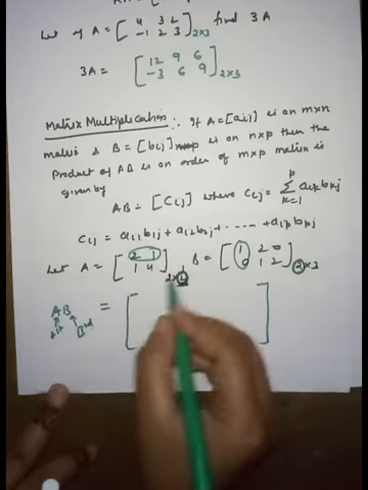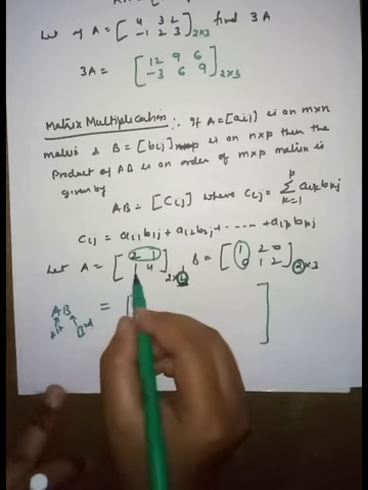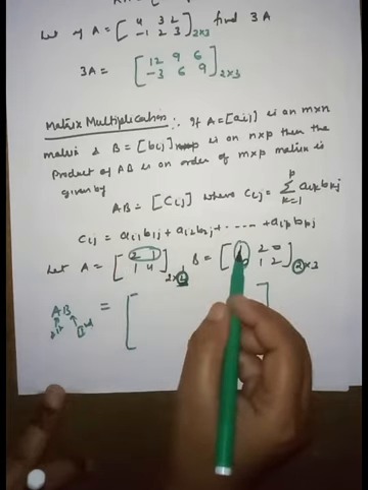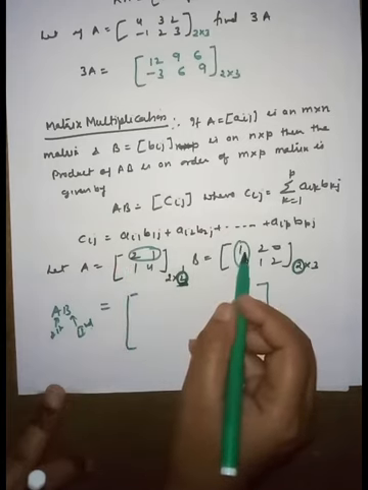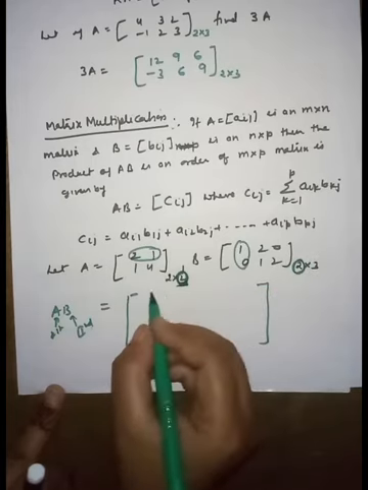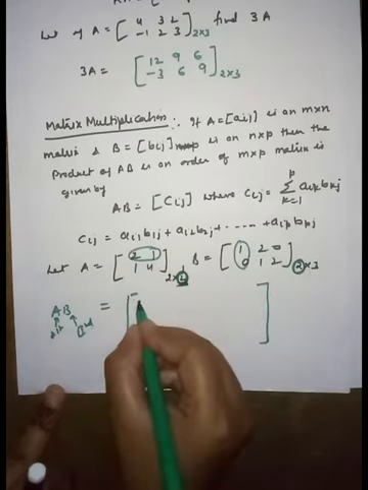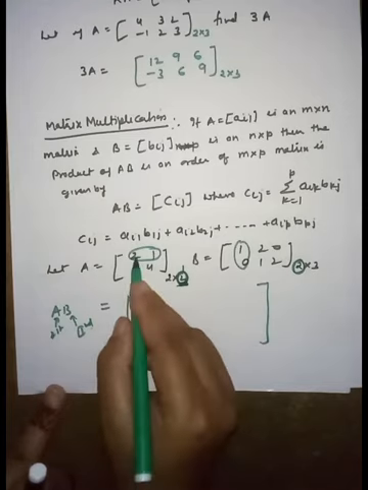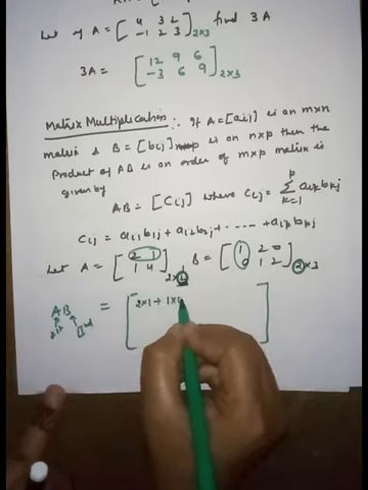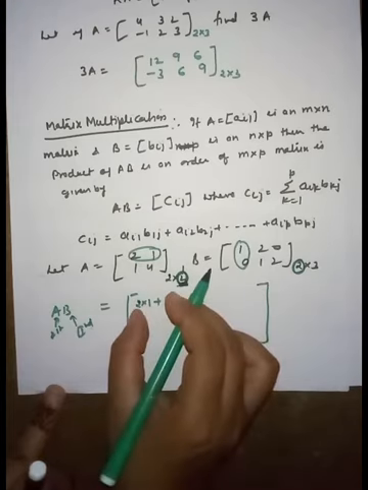So each element is multiplied by each element of the second matrix, and then add: 2 cross 1 plus 1 cross 0. So this value comes.